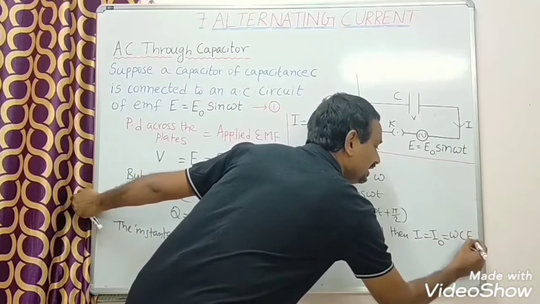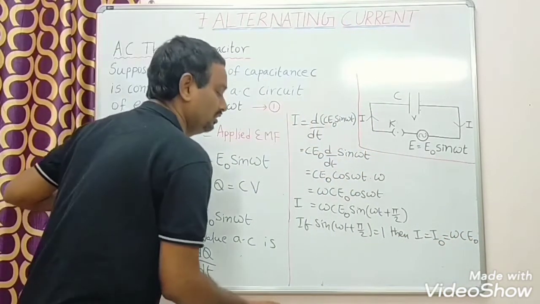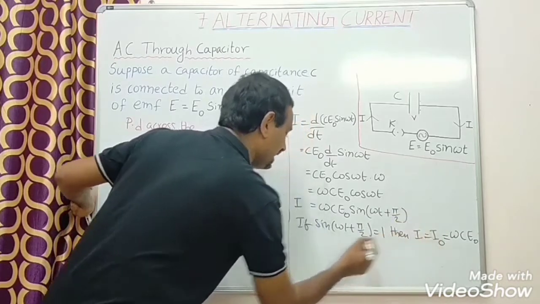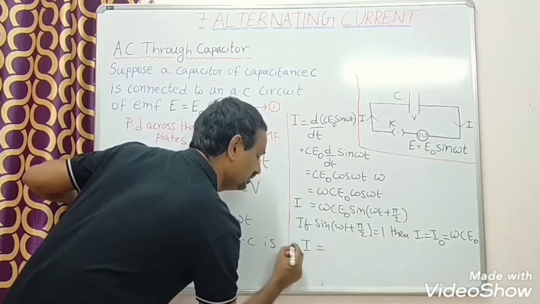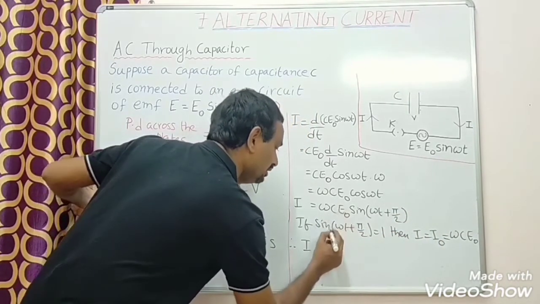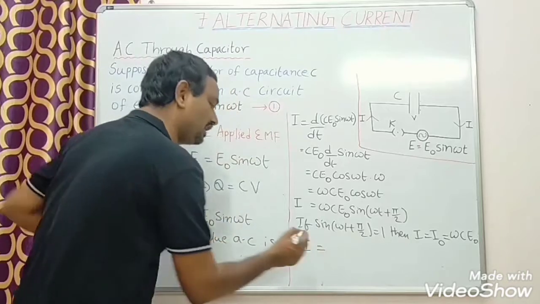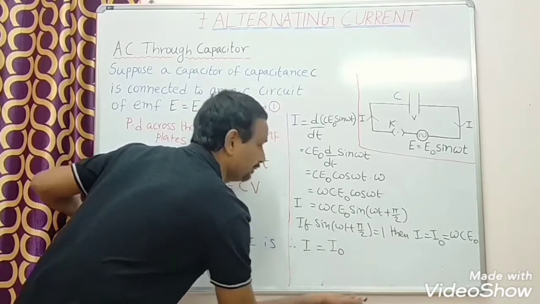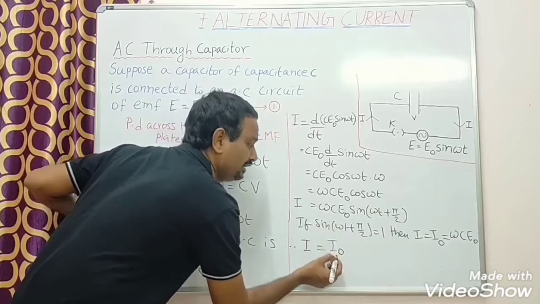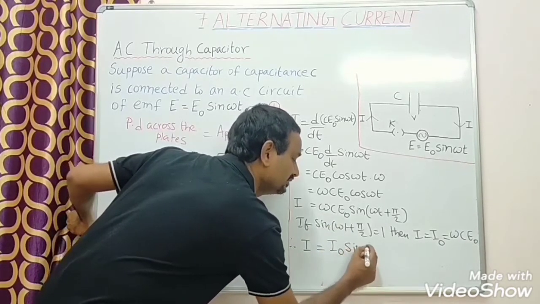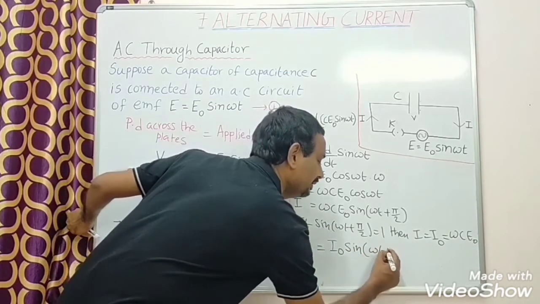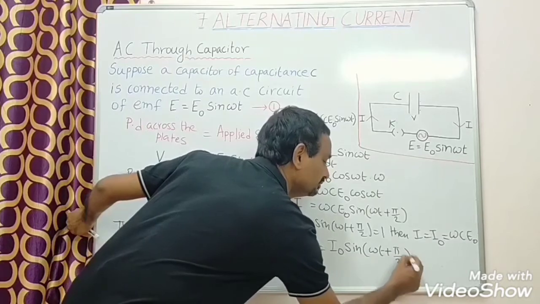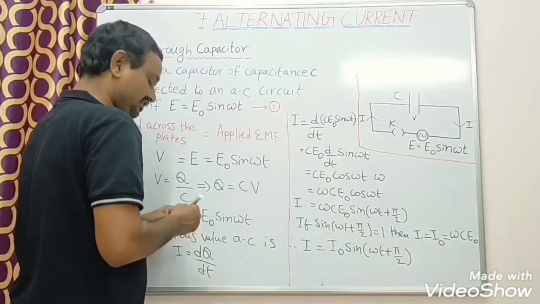Therefore, in the place of omega C E naught I will write I naught, so I equal to I naught sin of omega t plus pi by 2. So it is equation 2.